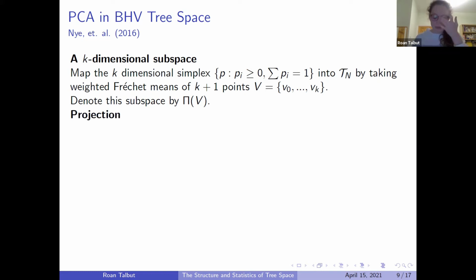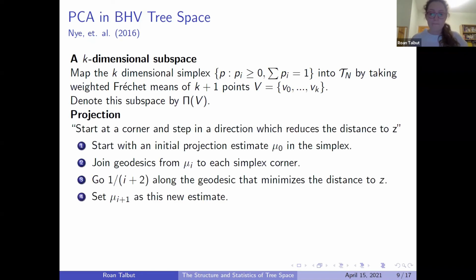So the next thing we need to do is talk about some sense of projection. And effectively, we have an algorithm to do this. It's effectively just looking for the point in this subspace which has minimal distance to our data point z.